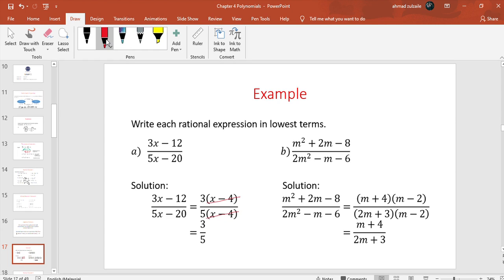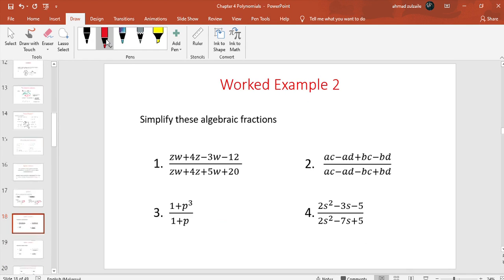Similarly, when you press your calculator to find the factors for the denominator, you have 2m plus 3, m minus 2. Is there anything we can cancel out? Yes, m minus 2 with m minus 2. Therefore, the final answer is m plus 4 over 2m plus 3. So usually there will be a common factor between your numerator and your denominator.